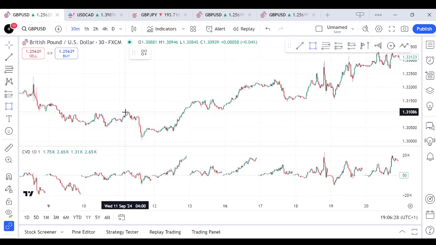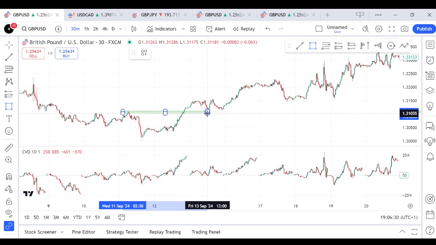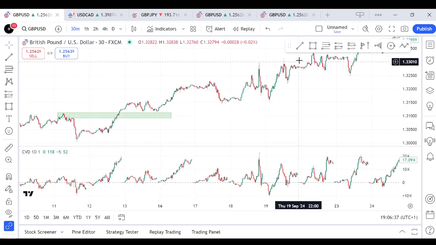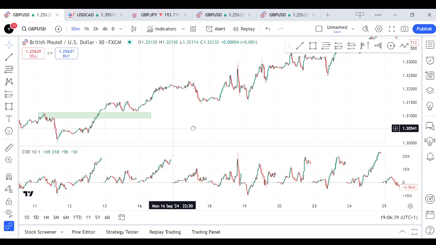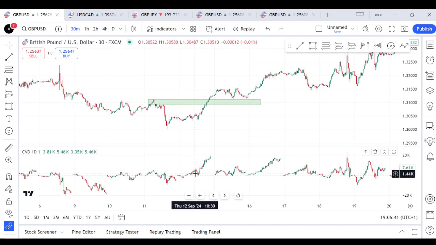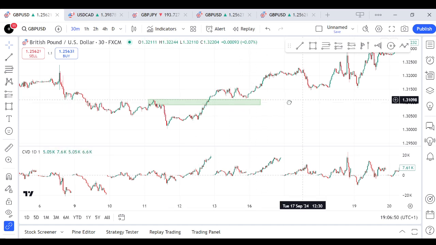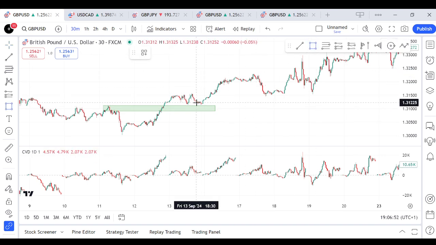You can see this is a key level. This was a resistance level that turned support, and you can see price reacting off of this, and we could confirm that with this rising CVD, and the rising CVD here also confirming that yes, this is a valid support level, resistance turned support level.